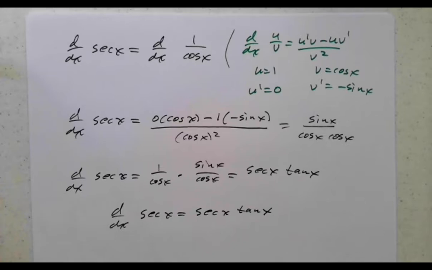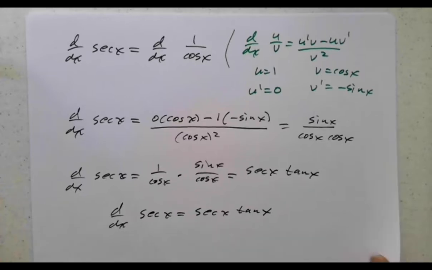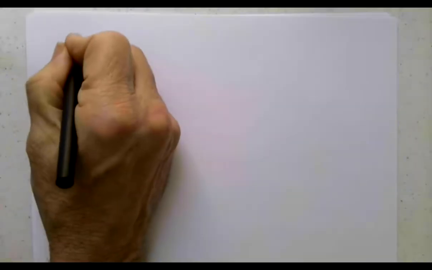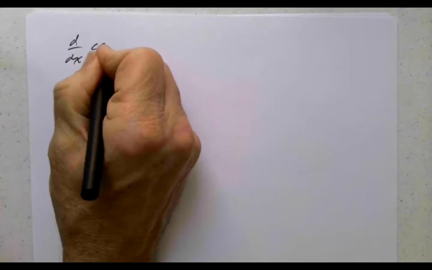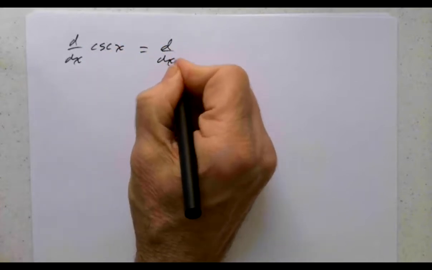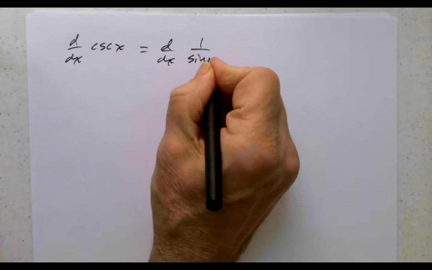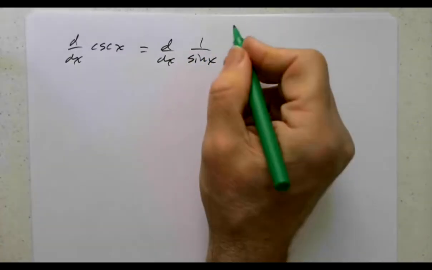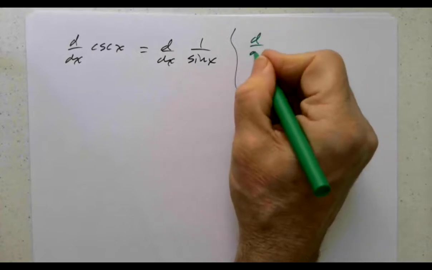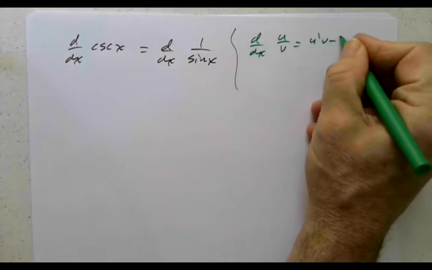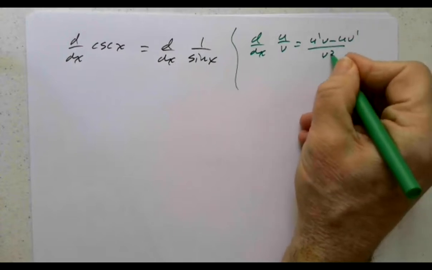And there's one more for us to do, namely cosecant. The derivative with respect to x of cosecant x is the derivative with respect to x of 1 over sine x. So same strategy, quotient rule, derivative with respect to x of u over v is u prime v minus uv prime over v squared.